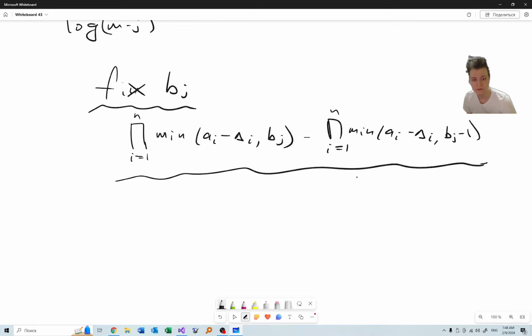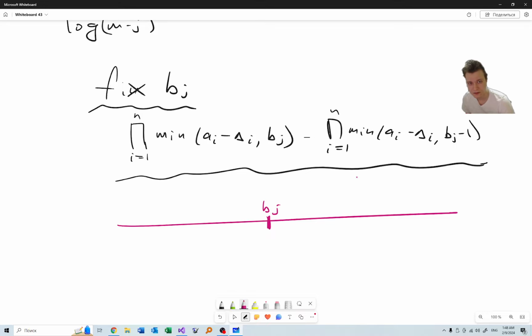So for this fixed bj, if we have ai at least bj plus 1, so if ai is here, then bj is the minimum.